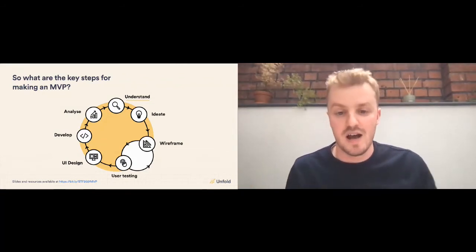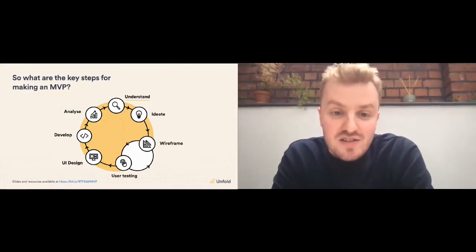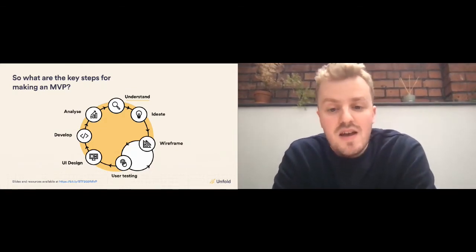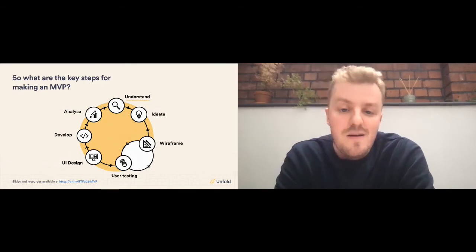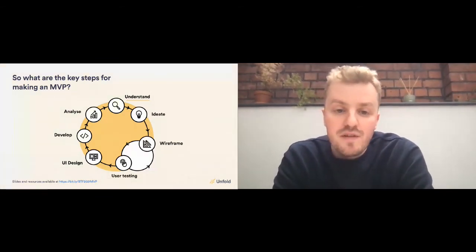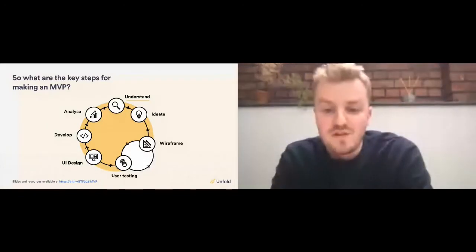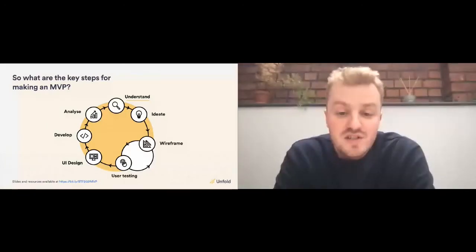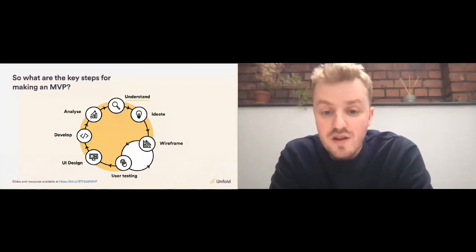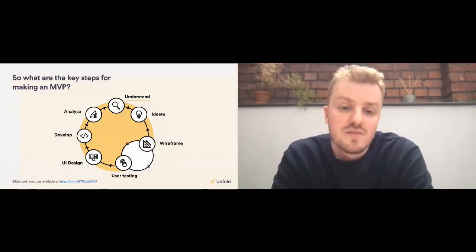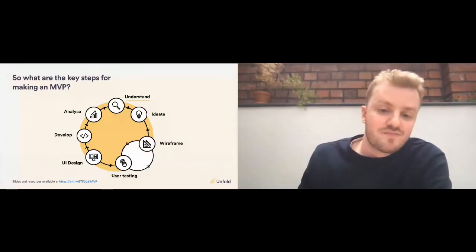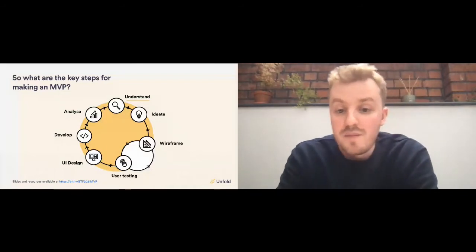rather than the project starting at one end and finishing with a product, and you launch it and you're done. We start, as you can see from the top here, by understanding the problem and the customers. That's absolutely crucial for you to come up with solutions. So we start by finding out about what the issues are that we want to try and solve with our MVP, and understanding those customers, before then going on to an ideation phase where you're coming up with lots of ideas.